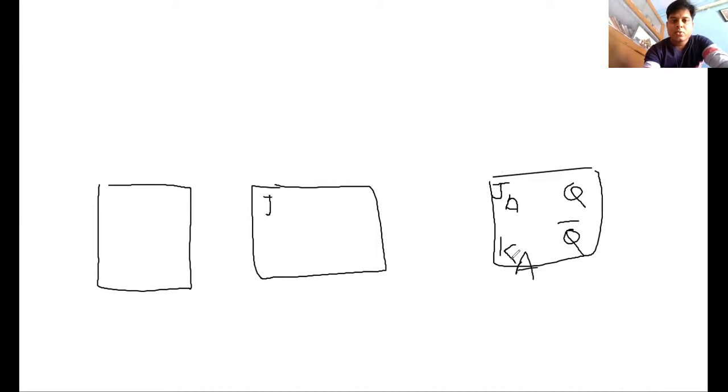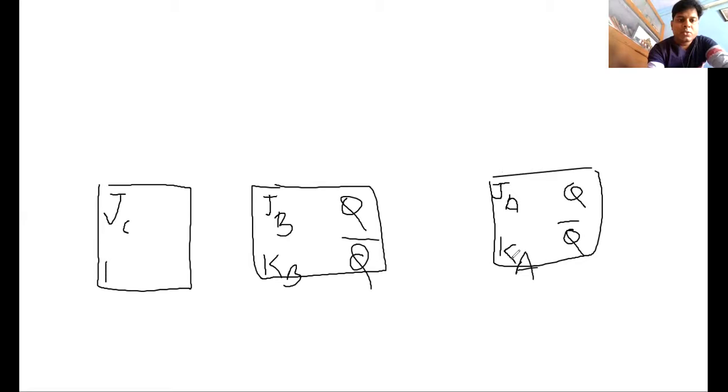Here JB, KB, Q, and Q dash. JC, KC, Q and Q dash. So all the three flip-flops are drawn, and the clock pulse is also given.